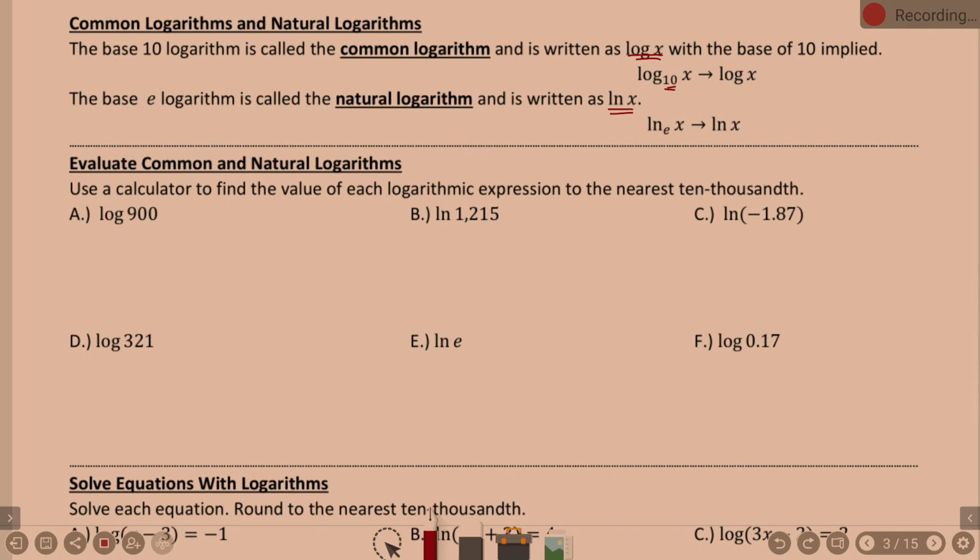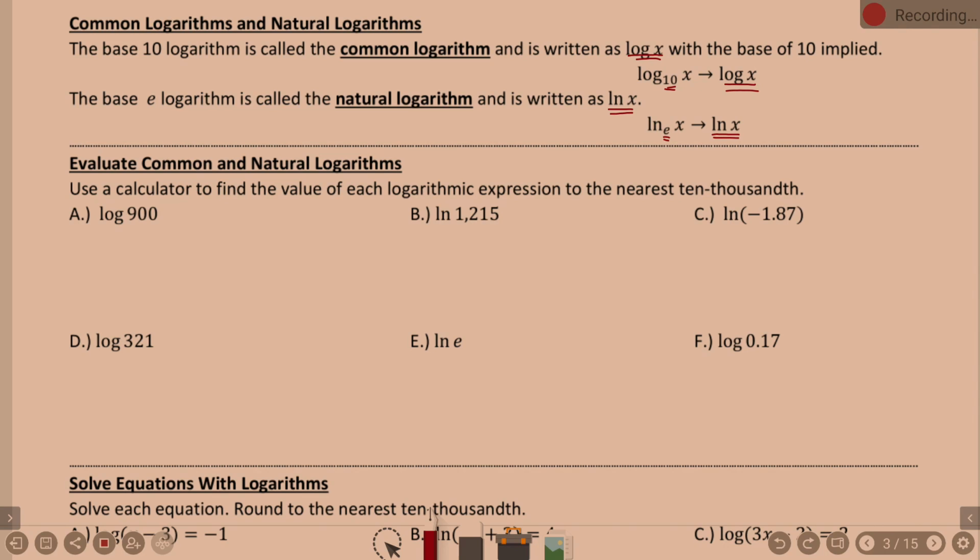You're going to have a log button, which is the log base 10 button, and an ln button, which stands for natural log. That is an automatic base e. So you rarely see natural log base e written. It's usually just written as ln(x). So when you see those, we know that's the base that is implied.